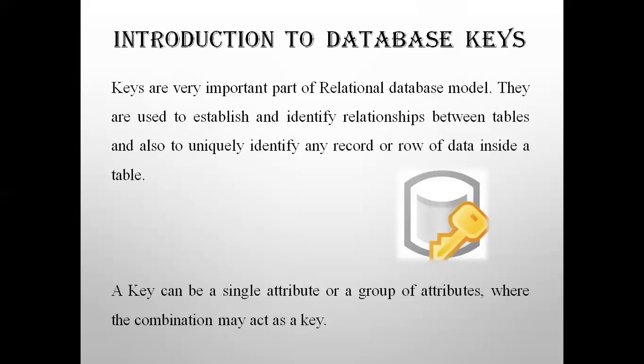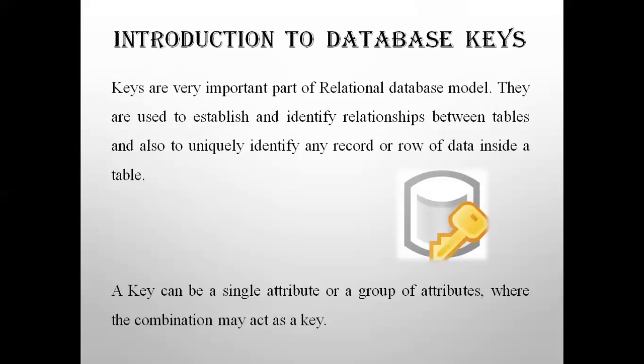That is, there should be at least one attribute in which data is unique and not null. Null means empty. A cell should not be empty in a record. That is the meaning of it. So we can uniquely identify each tuple of a relation. That is, each row of a table can be uniquely identified.